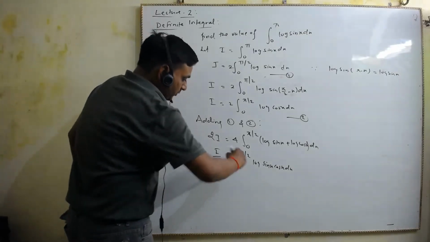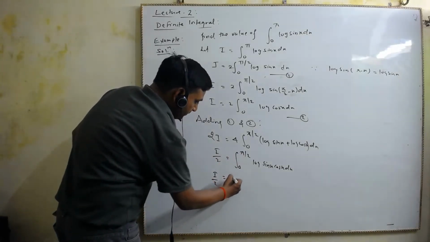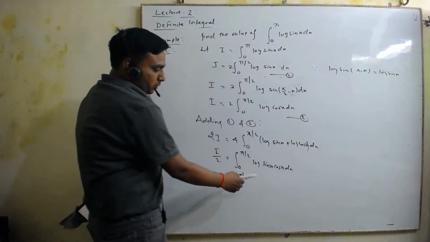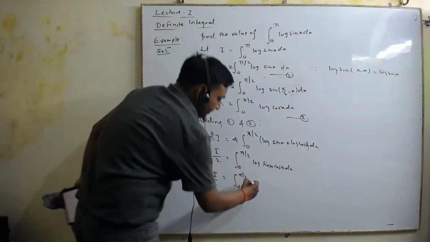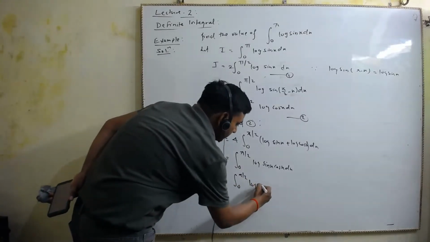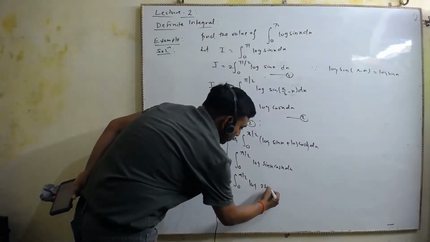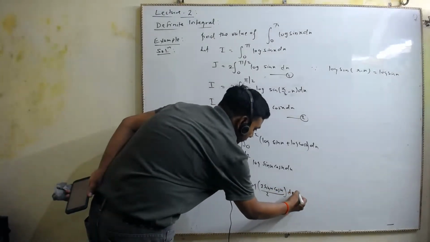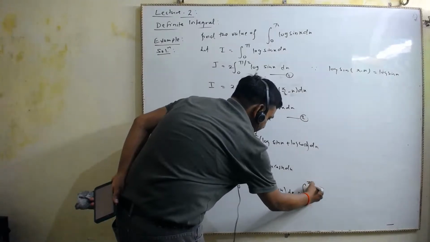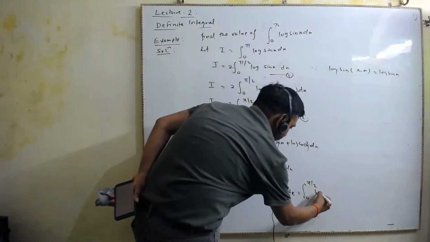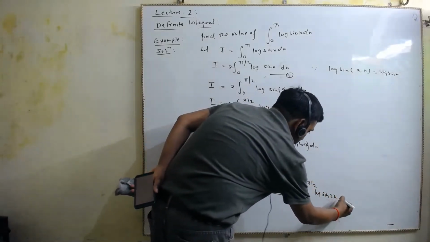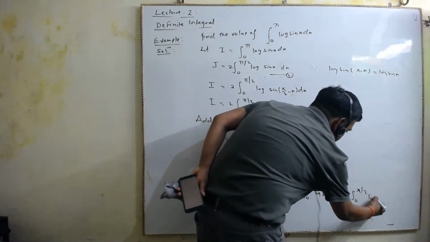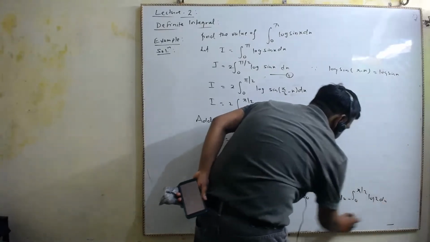So this I equals the integral from 0 to pi by 2 of log of sin x cos x. What I can do is multiply by 2 and divide by 2: 2 sin x cos x divided by 2. This can be written as the integral from 0 to pi by 2 of log sin 2x dx minus the integral from 0 to pi by 2 of log 2 dx.